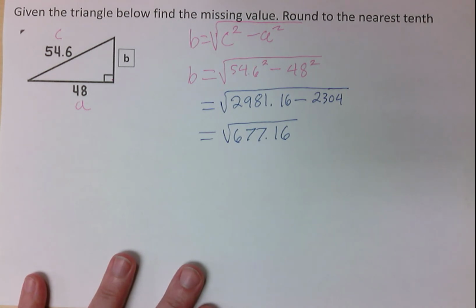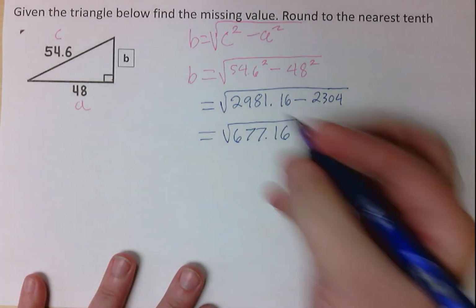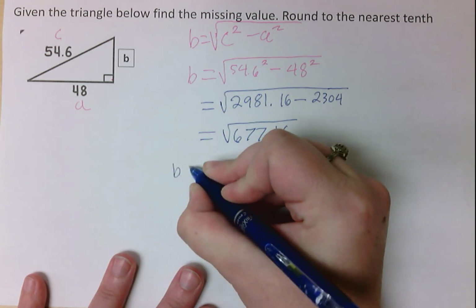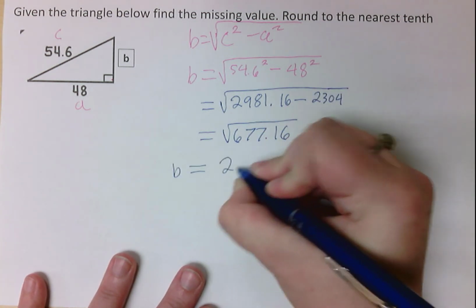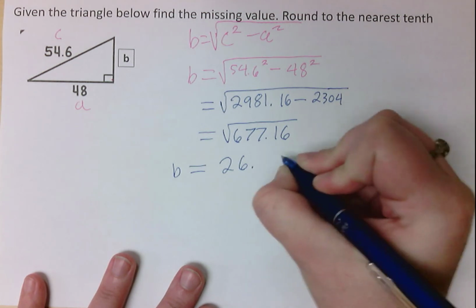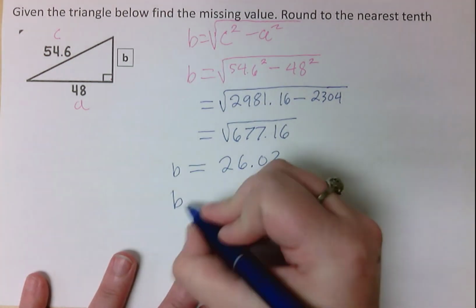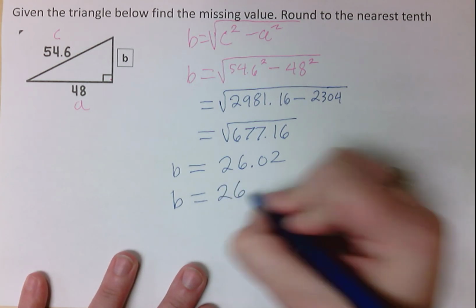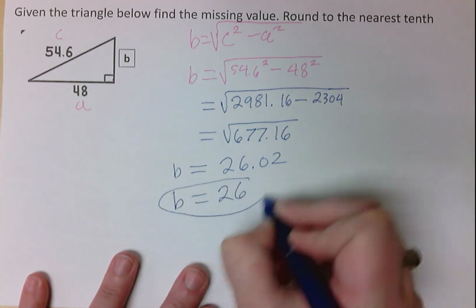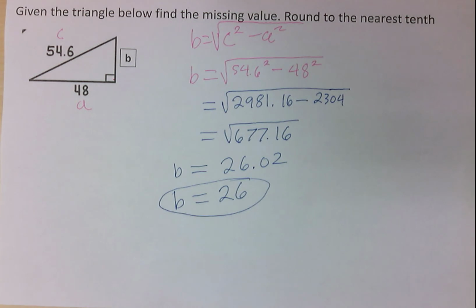Now don't forget, I've got to do the square root of that. So our B is equal to 26.02. It's telling me to round to the nearest tenth, so it's 26.0. And that is it.